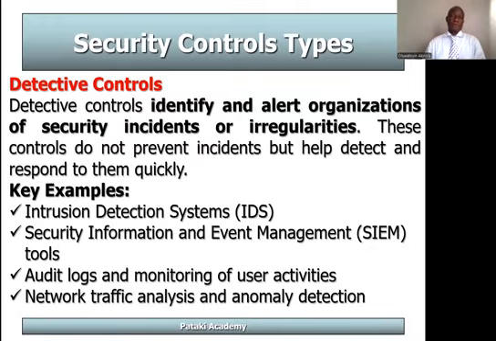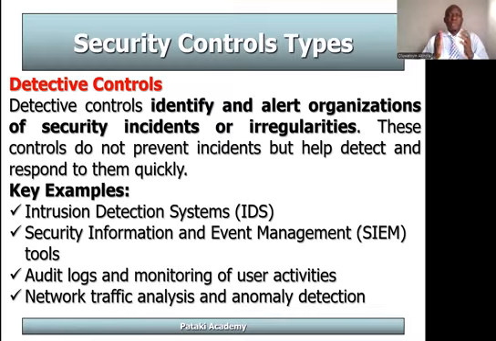Detective control. That's the third one. Detective controls identify and alert the organization of security incidents or irregularities. These controls do not prevent incidents, but help detect and respond to them quickly.